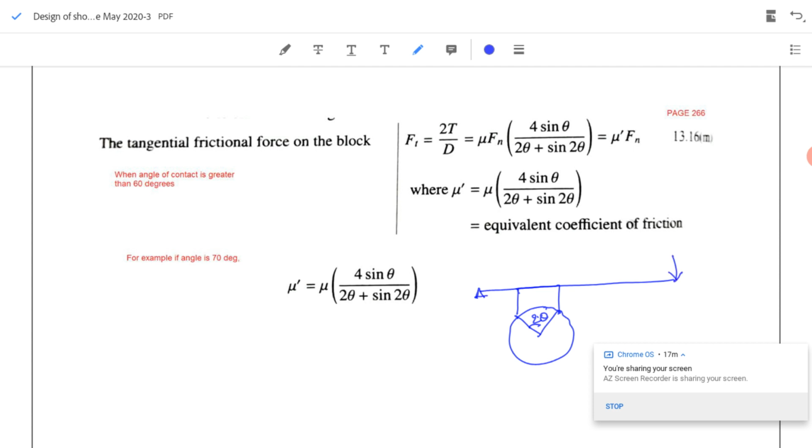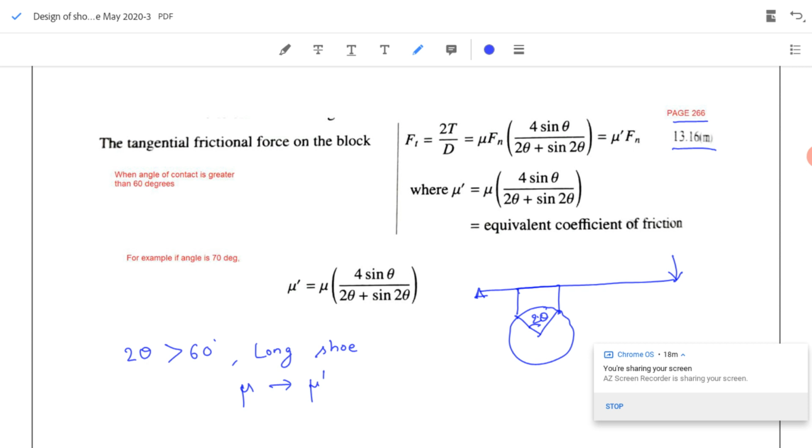Whenever 2 theta, the total angle of contact, is greater than 60 degrees, I have to consider it as a long shoe. In such a case, I have to replace mu with mu dash. How to get mu dash is given in equation 13.16 m, page 266. Mu dash equals 4 mu sin theta by 2 theta plus sin 2 theta.